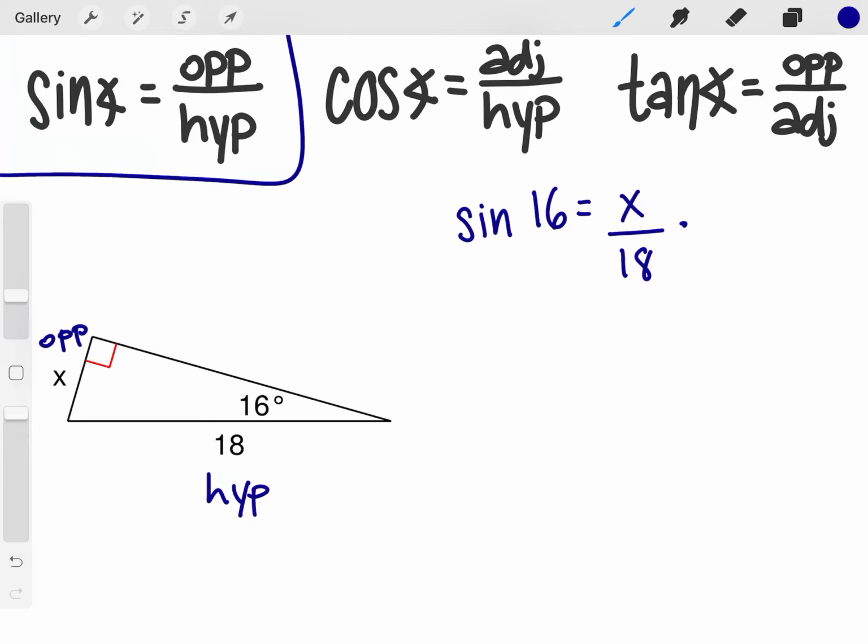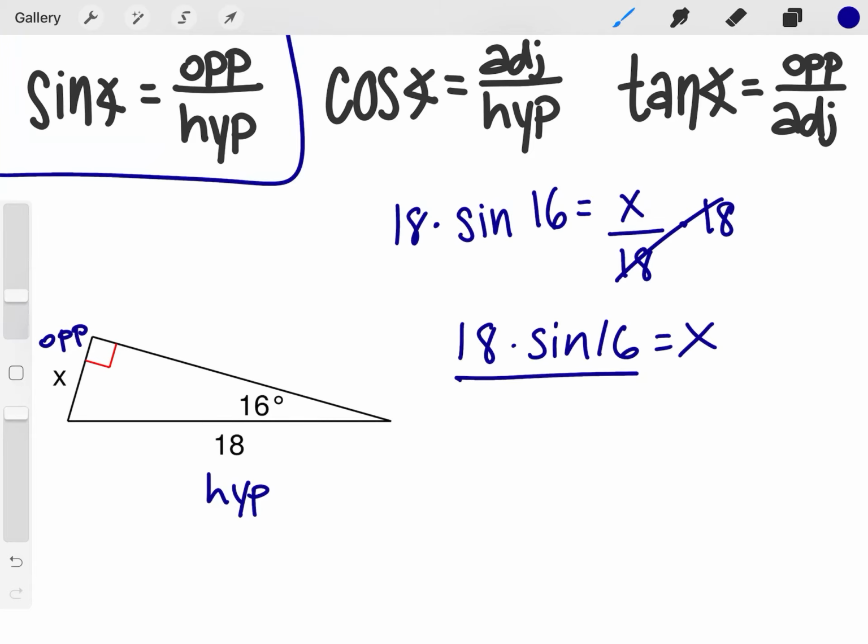We are going to have to multiply, specifically multiply by 18 to get x all by itself. Now, x is not in the denominator in this situation. X is now fully isolated. 18 times the sine of 16 equals x. The only thing that's left to do is to just calculate what is 18 times the sine of 16.